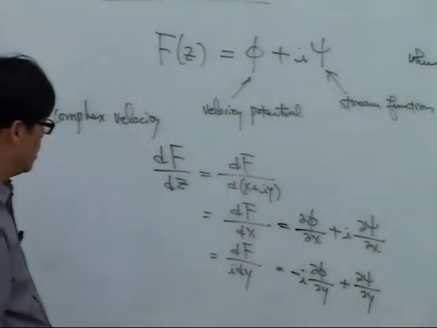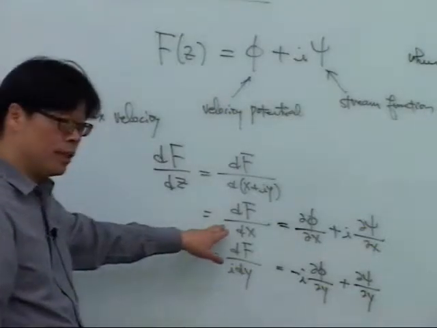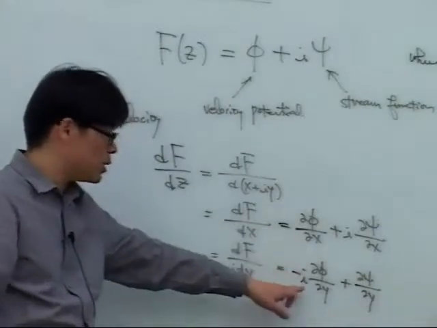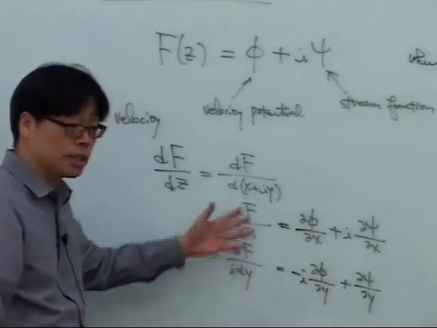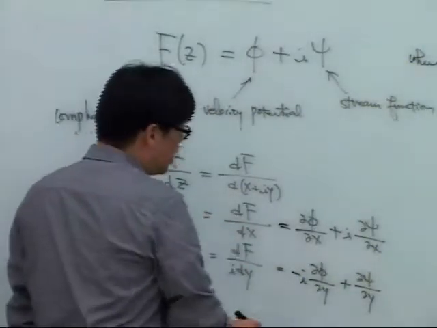So df dz means you can take a derivative in this way or that way, meaning that this expression has to be the same as this expression. Otherwise, I cannot take a derivative as I wish.